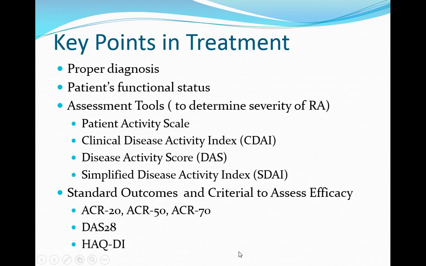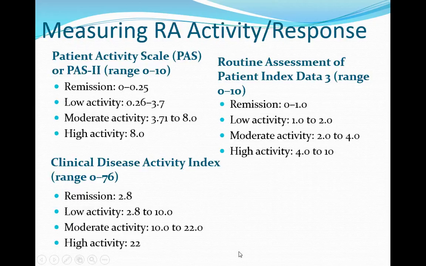The criteria to assess efficacy, the primary ones used are the ACR 20, 50, and 70. Those are defined on your handout, and you can see here some of the scales. The ones that I would tell you are the most appropriate or reliable are the Clinical Disease Activity Index, all right?